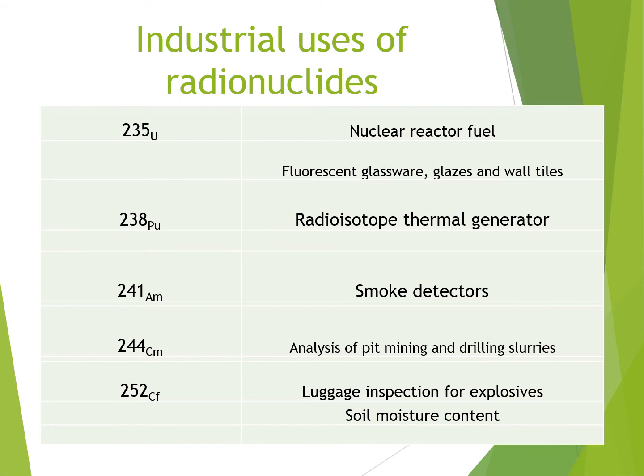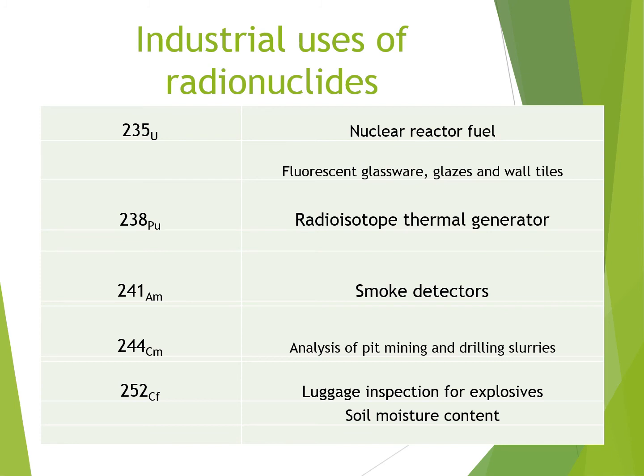Basically, glazing is the process which usually strengthens the material and gives different properties like shine or luminance to the object. So this uranium isotope is being used in glazes and wall tiles.